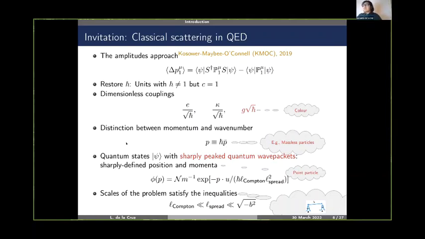Because I'm interested in taking the classical limit, I also have to define my in states as states that have sharply peaked momenta and sharply peaked position. I have to construct my states such that they carry this wave packet. This is going to give me the classical notion of a particle that has a well-defined momentum and well-defined position.